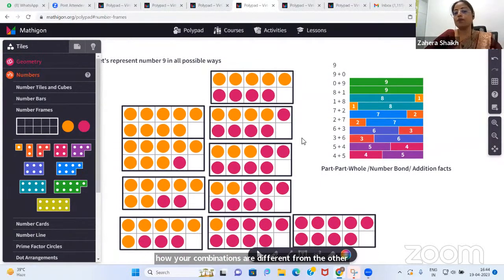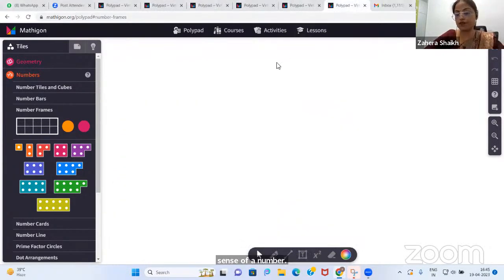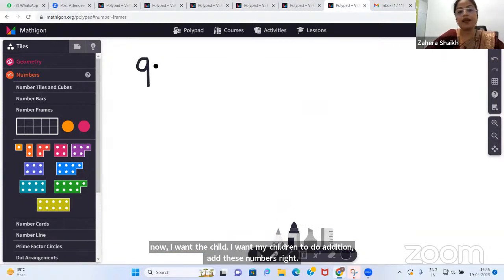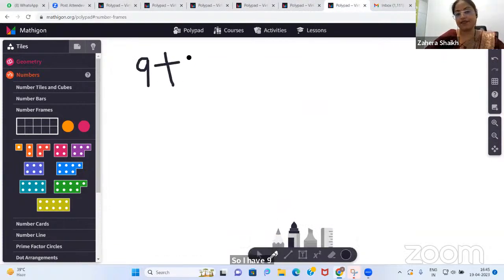So I'm talking about these numbers, but we make sure by using this process that the child can develop a sense of number, and they're going to use it in addition as well. Suppose now I want my children to do addition, add these numbers, right? So I have 9 and 7.